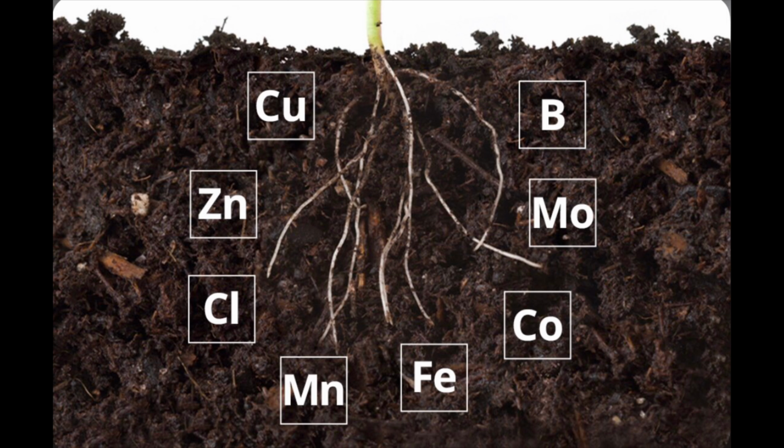Jumping over to essential nutrients, there are 17 essential nutrients that are required for plants and soil to survive. There are also 3 different categories for these essential nutrients. The air and water category includes carbon, hydrogen, and oxygen.